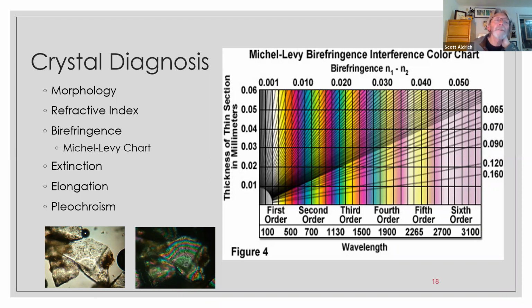And another feature called pleochroism, which is separate absorbance of light along crystal axes, which plays out to, if I turn it to 0 degrees, it's red, and if I go over to 90, it's mauve. And that can be a diagnostic feature for certain gems and other crystals.